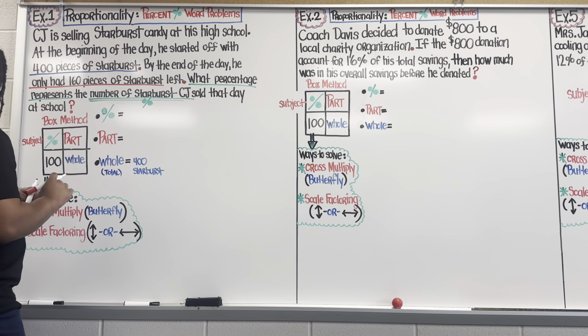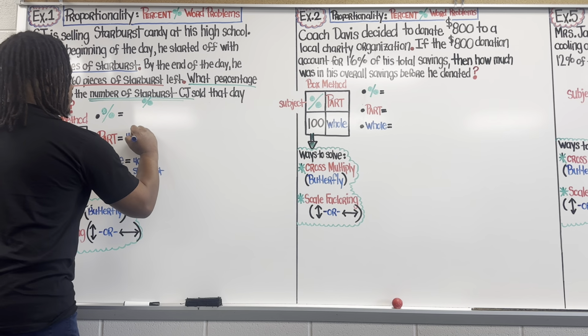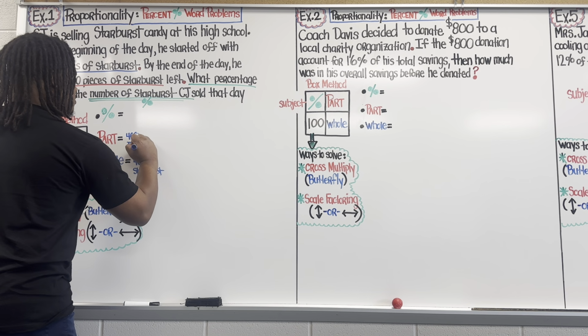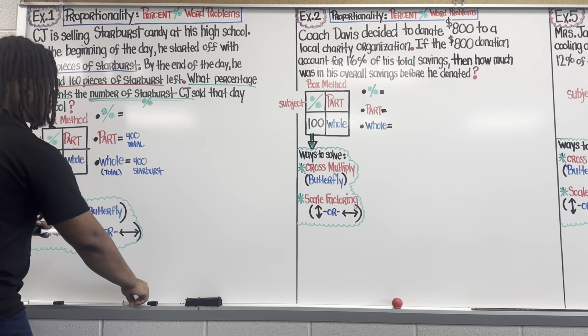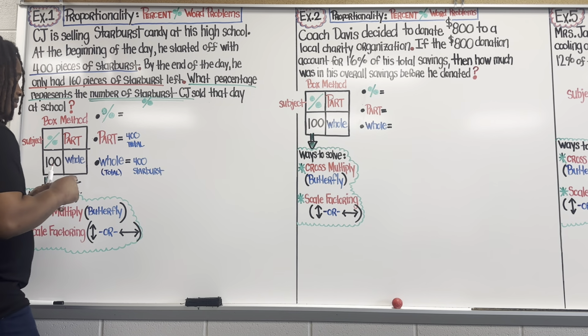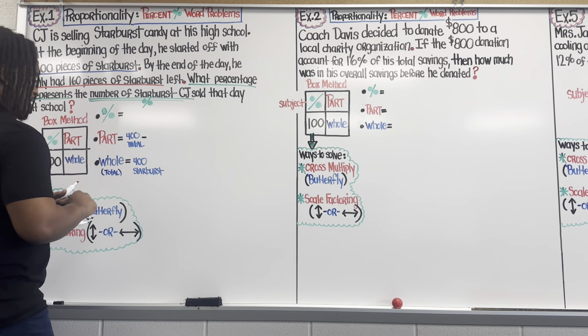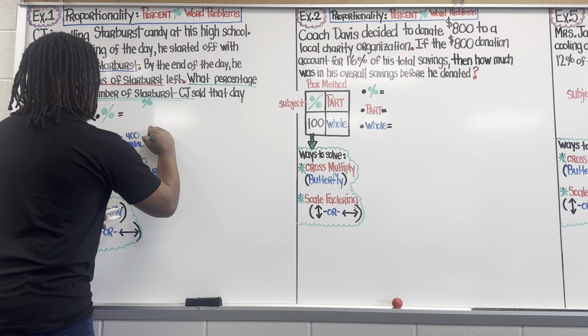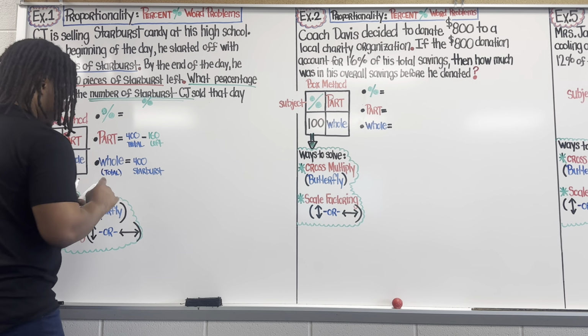So let me go ahead and do that. Once again, guys, he started off with 400 Starbursts, which is the total. And I'm going to subtract the number of Starbursts he has left over, and that should give me the number of Starbursts he sold, okay?